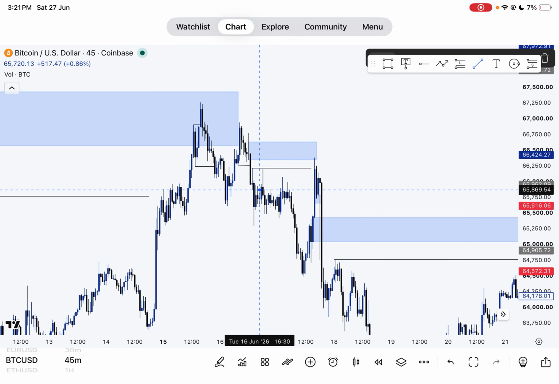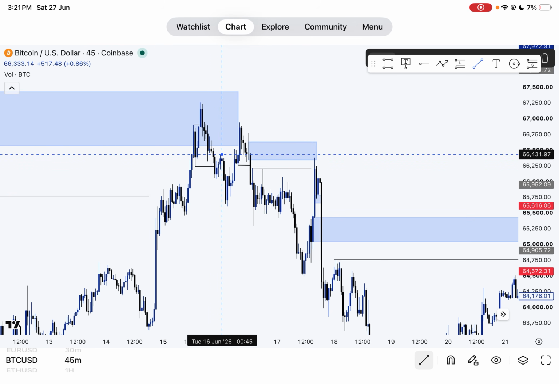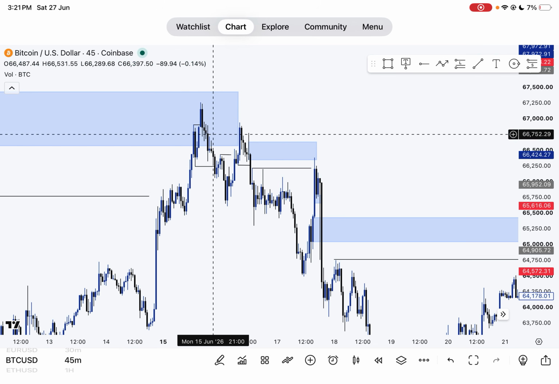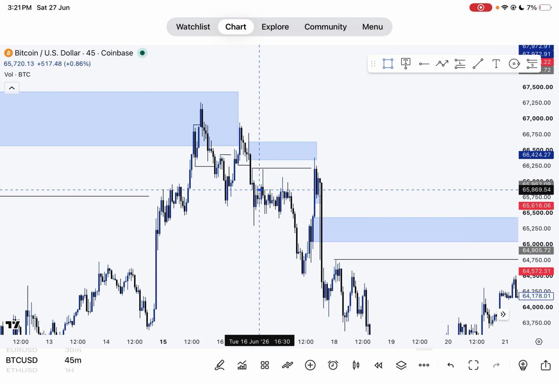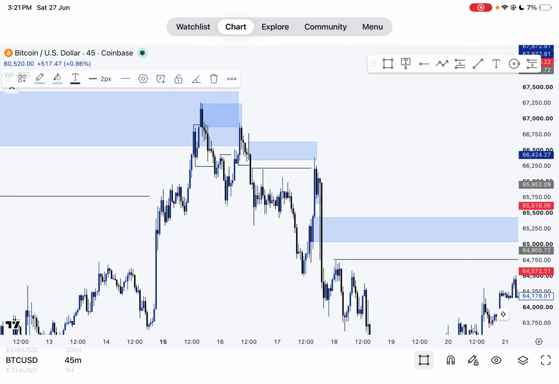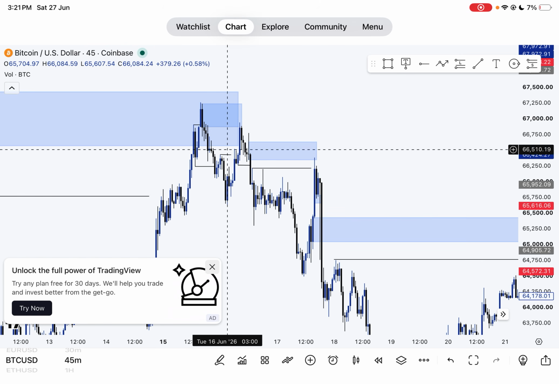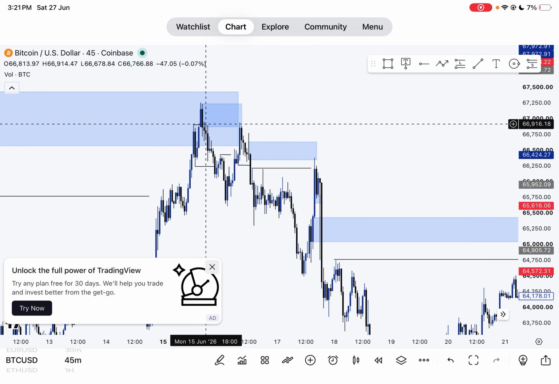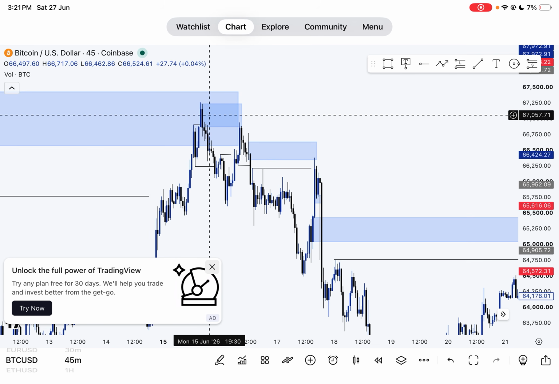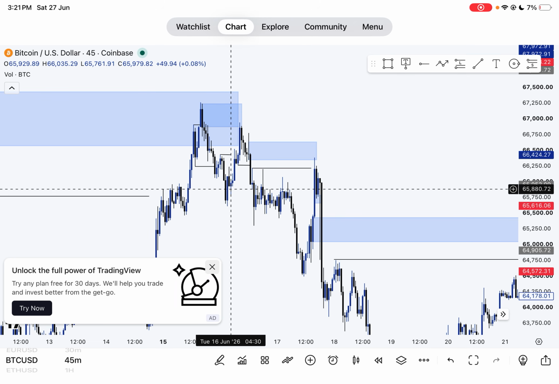And this was an inducement right here. But now, this inducement has mitigated. There's no other block valid for here, and the only other block we have is this other block right here. So, do you understand this first one? Our sweep, our market structure shift, our inducement, and our point of interest. Those are the reversal patterns you look for.